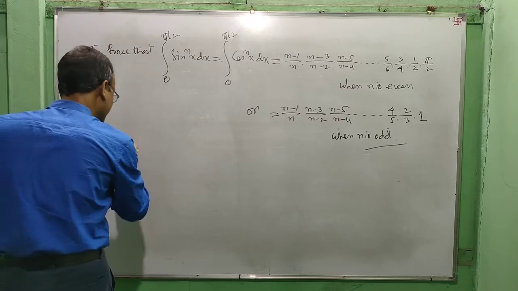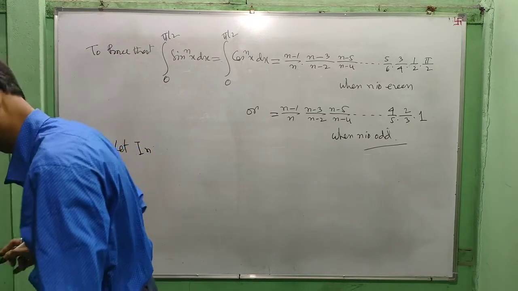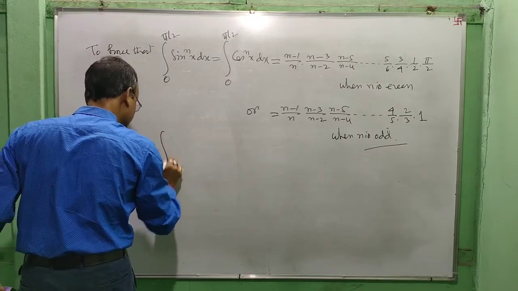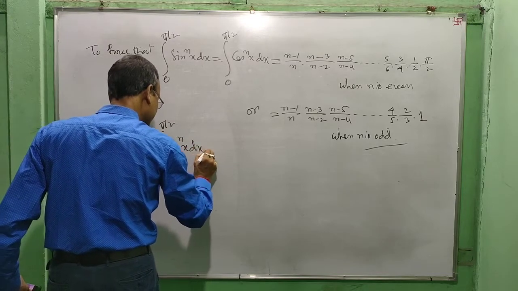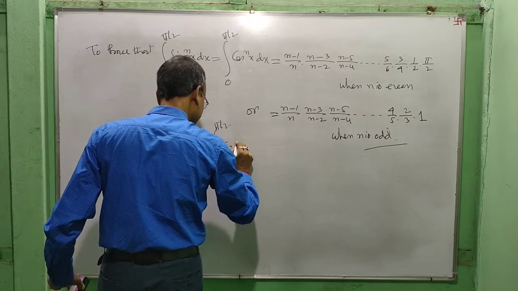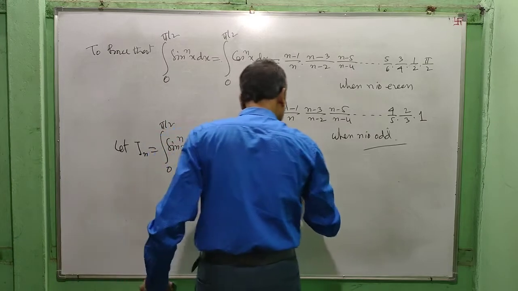Now, let I_n equal to integration 0 to pi by 2 sin to the power n x dx. This is equal to integration 0 to pi by 2 sin to the power n of (pi by 2 minus x) dx.